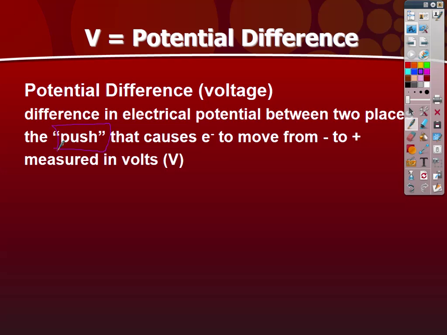What we mainly look at this as, when we look at a battery or anything like that, is the electrons being forced to go from the negative to the positive end. Because again, they should be repelled by the negative end, attracted to the positive end. So there's an energy factor involved here where they want to go. They have this potential to move, so let's create the wire, and then all of a sudden they do fly. So that is voltage. It is measured in volts. That one's kind of the easiest one to remember.